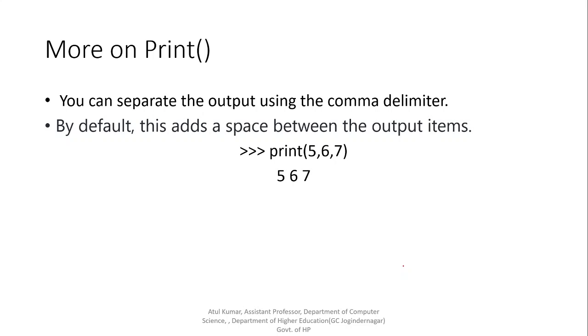Next, you can separate the output using a comma delimiter in the print function. By default this adds a space when the output is displayed. For example, I have written here print 5 6 7, so it will put a space in between 5, 6 and 7.